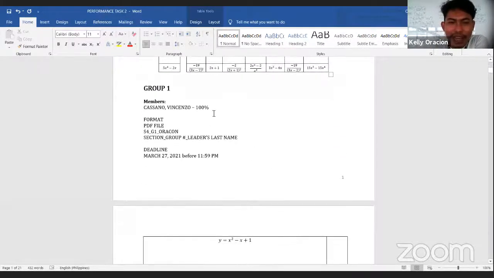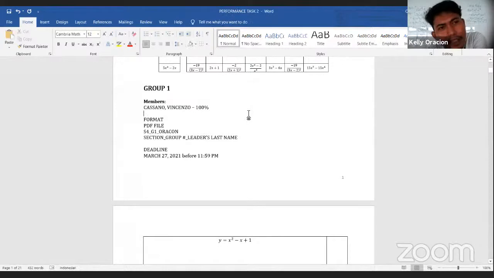Okay, group 1. I follow this format, members. Leaders, kayo na bahala magbigay ng percentage sa kauban ninyo. Kayo na bahala mag-distribute sa workload. Okay, same pa rin, naka-percentage. Then follow this format, naka-PDF file. And then section, group number, the leader's last name. Deadline, March 27.